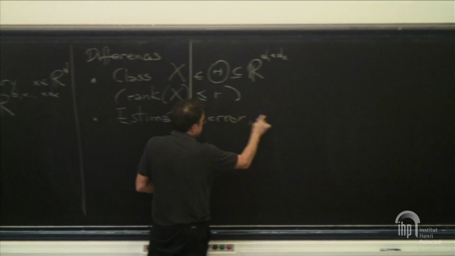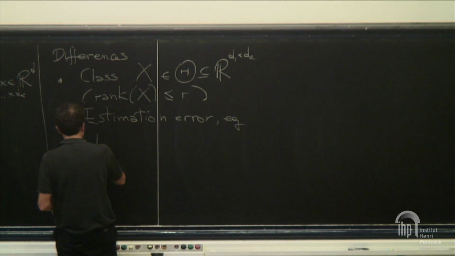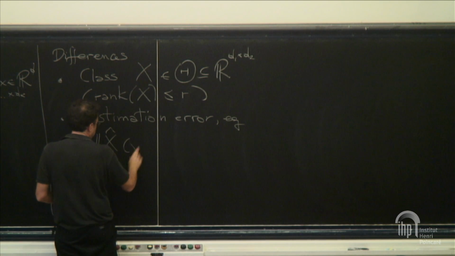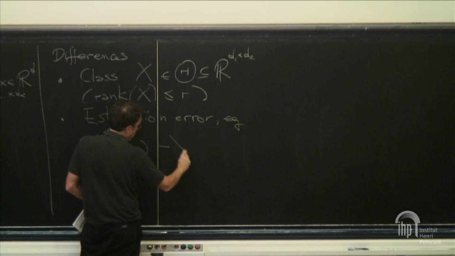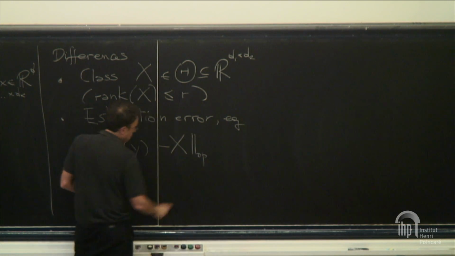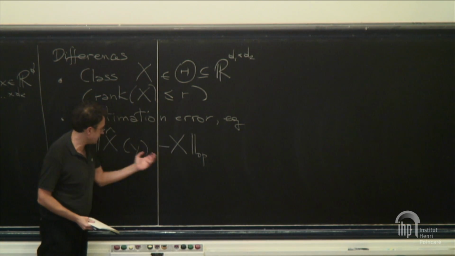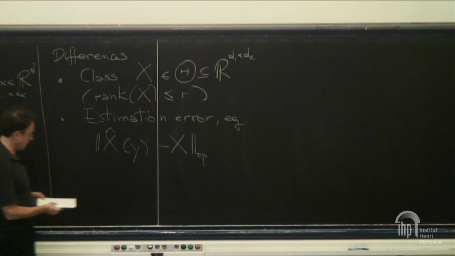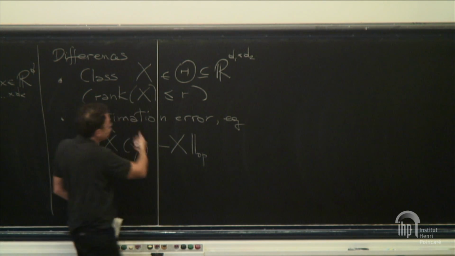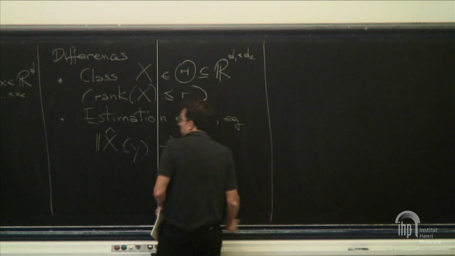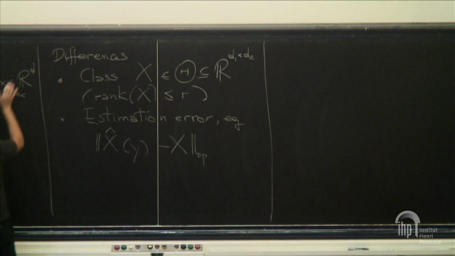So a typical example is the one in which we measure the quality of our estimation X hat by operator norm. Right, so this is just the size of the largest singular value of this matrix. Okay, so these two things make this a problem that is different from the classical problem.